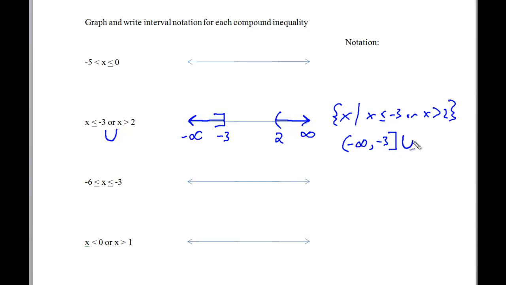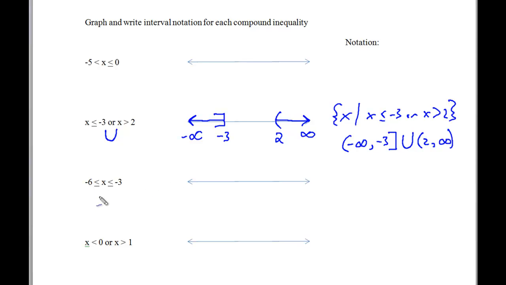And we want union because that's or. And then we're going to have the other one right here, which is going to be a soft bracket because it doesn't quite reach the 2, and that goes to positive infinity. Positive and negative infinities always have the soft brackets because we never quite get there.